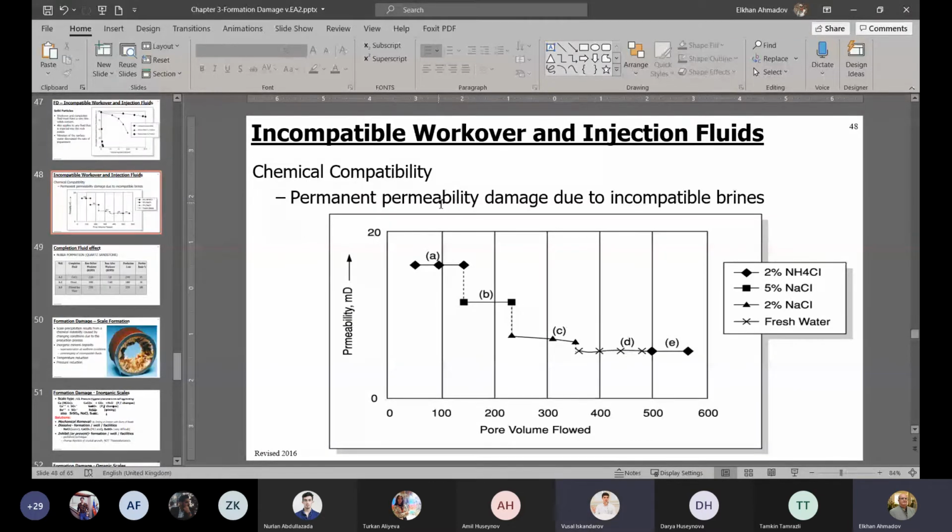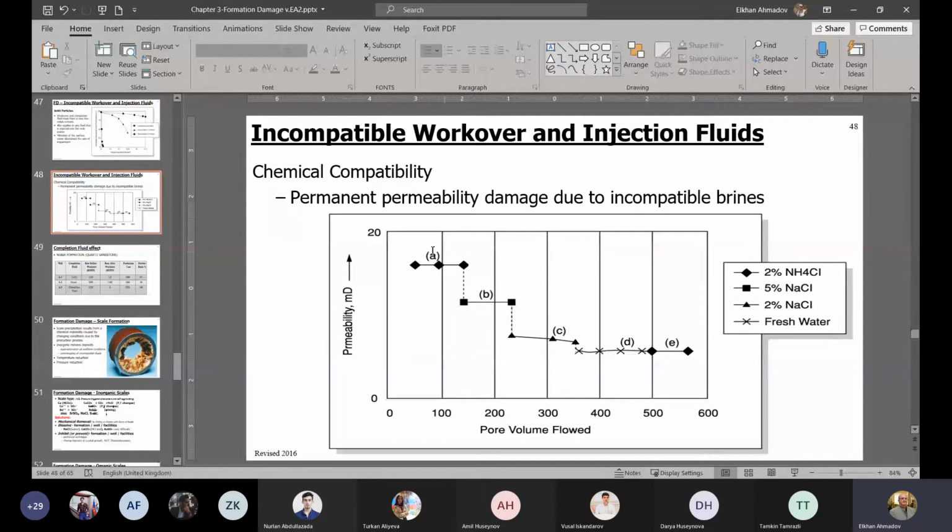So here it's about how the chemical composition affects the permeability. In the first case, with the 2% ammonium chloride composition, we have no damage or very little damage to the permeability.